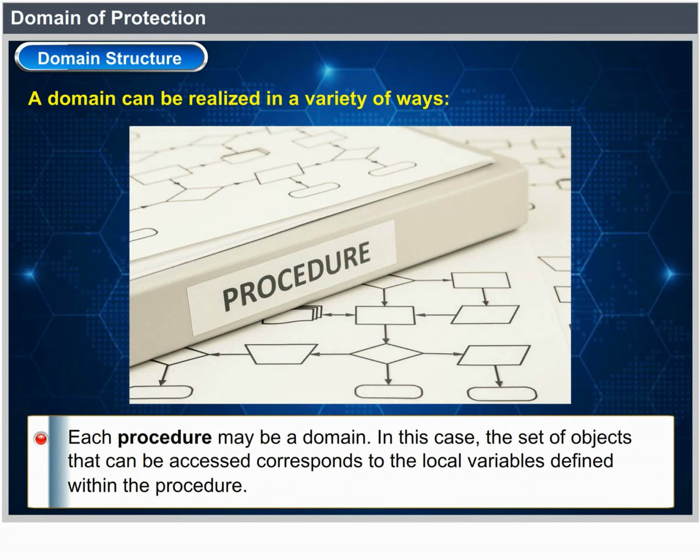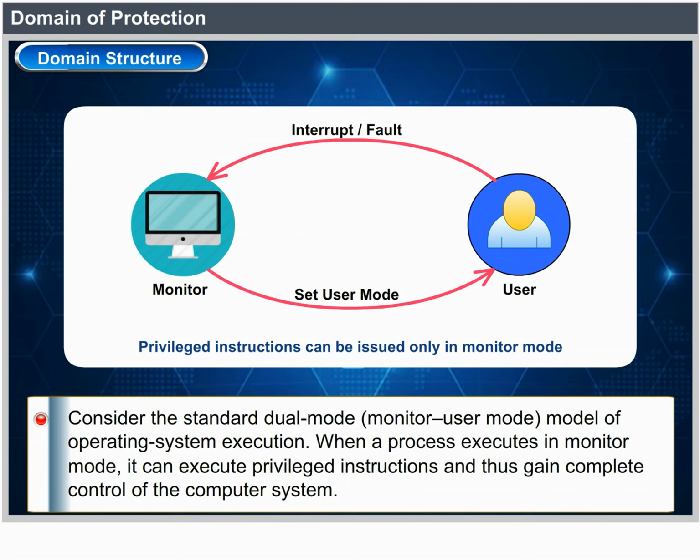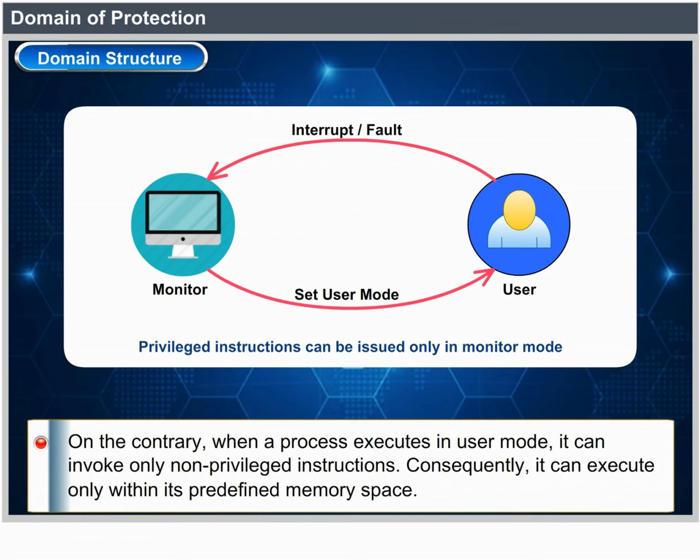Consider the standard dual-mode, monitor-user mode model of operating system execution. When a process executes in monitor mode, it can execute privileged instructions and thus gain complete control of the computer system. In contrast, when a process executes in user mode, it can invoke only non-privileged instructions.